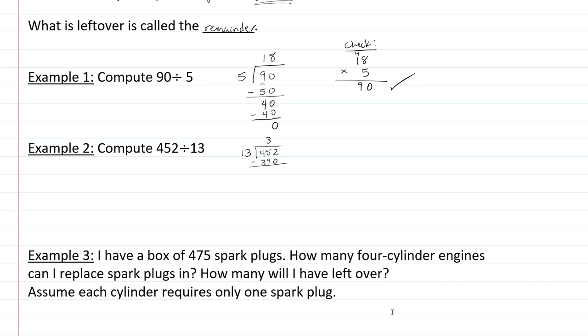452 minus 390. We bring down the 2. 45 minus 39 would be 6. So we're left with 62. Now the question is, how many times does 13 go into 62?